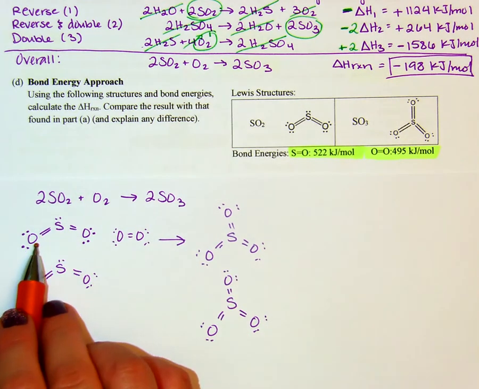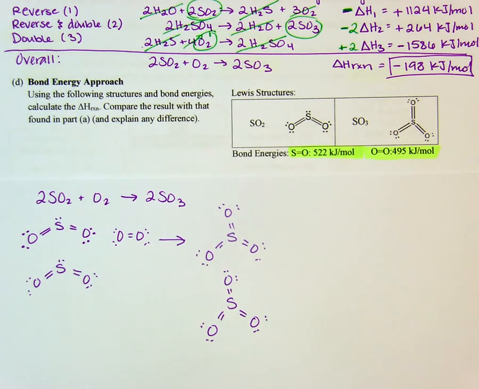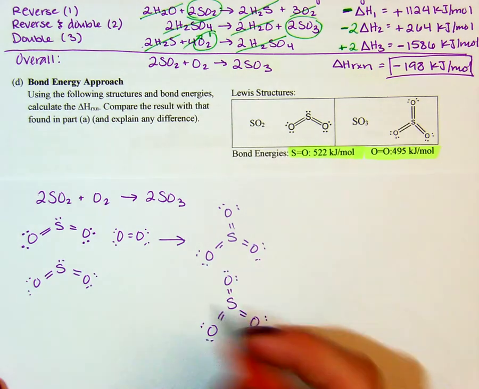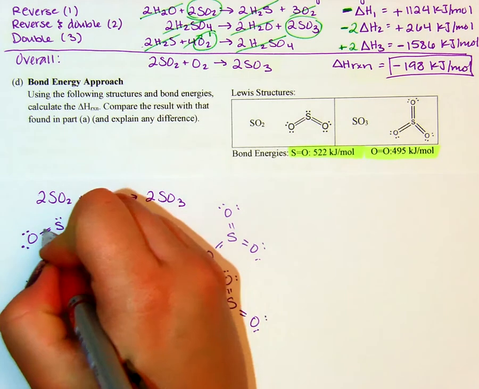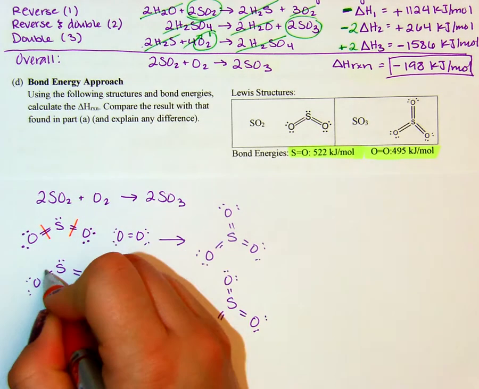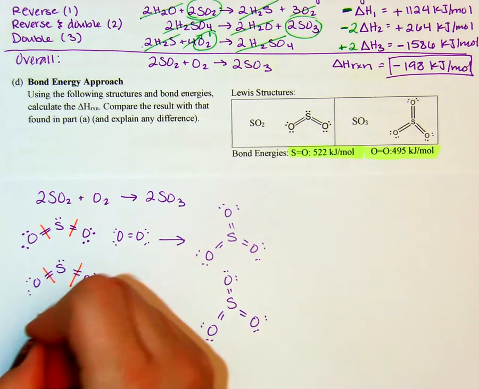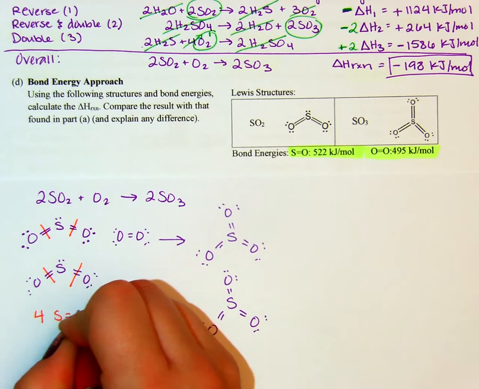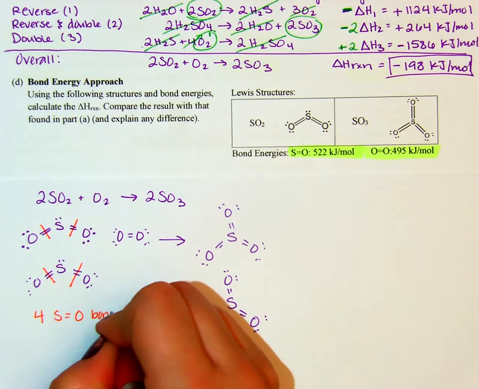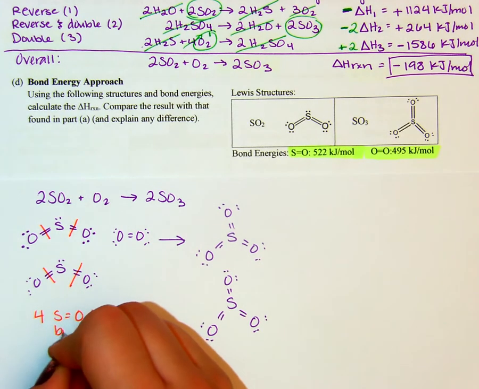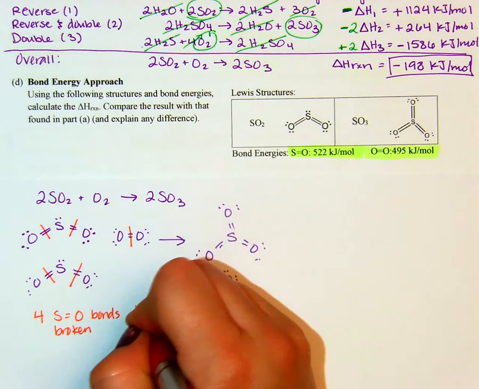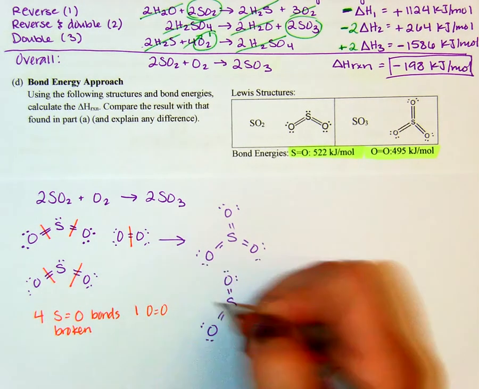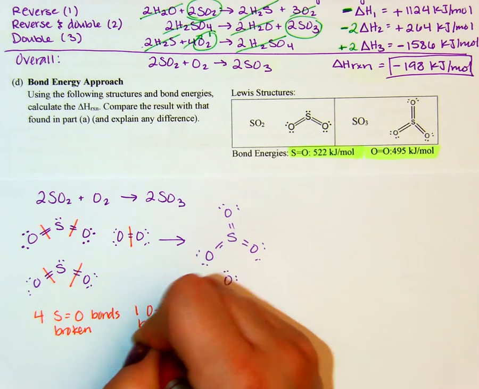So to break everything apart on the reactant side in order to get to products, because we have to break all these bonds in order to make the bonds. How many SO2s are we going to break? Well, let's see. 1, 2, 3, 4. So 4 SO bonds are going to get broken there. And 1 O2 bond broken.